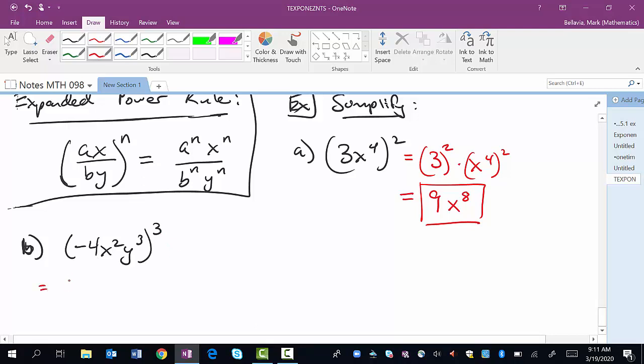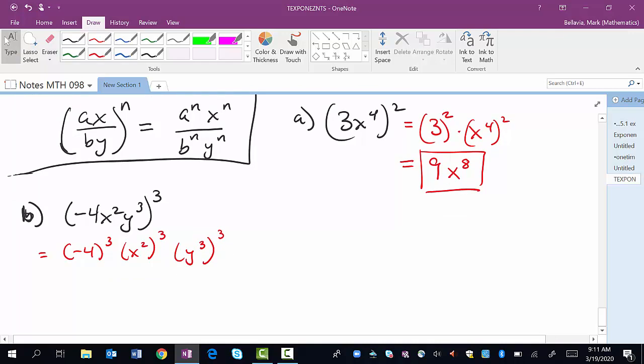So this would be equal to negative 4 to the third, x squared to the third, and y to the third to the third. Alright, so you're raising each of those to the power. Because remember, because we have multiplication inside, you're allowed to do that. And then we'll evaluate each piece of this. Negative 4 to the third power, a negative number to an odd power stays negative. So this is negative 4 to the third, which is 64, so negative 64. X squared to the third, remember how this works, power to power, you multiply, so it's x to the 2 times 3, which makes it x to the 6th.